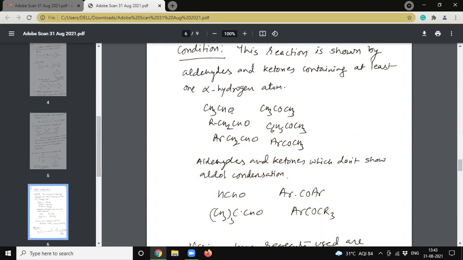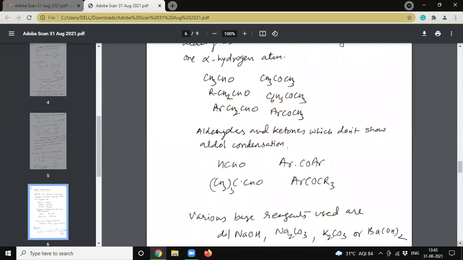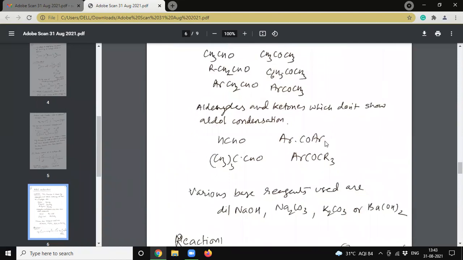See here, acetaldehyde, acetone, this aldehyde, and these molecules having alpha hydrogen atoms, then this aldol condensation is possible, otherwise it is not possible.